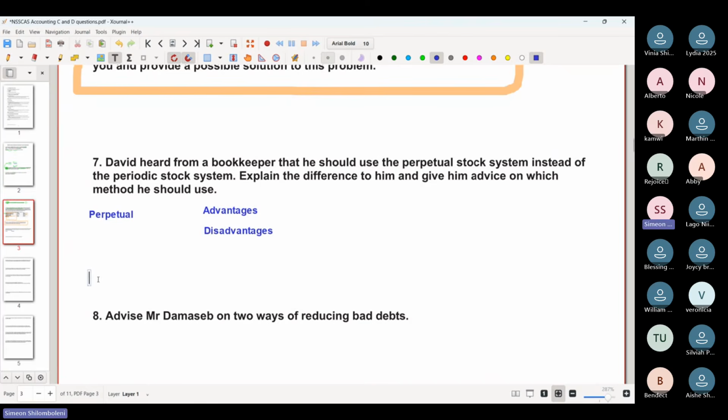Then you have periodic, with advantages and disadvantages. Now, I don't know how it happens with business studies and other subjects, but in accounting, you need to be specific on what you want.